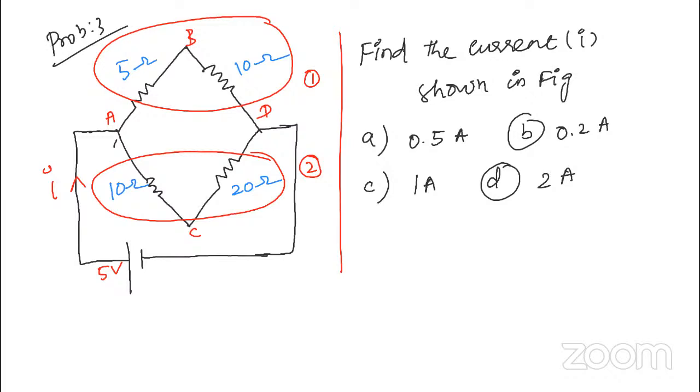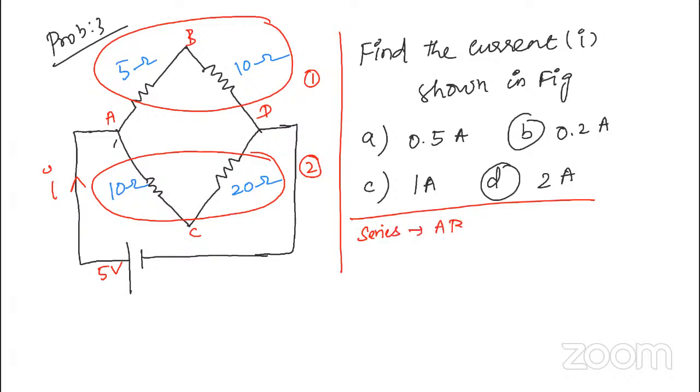Calculate and try. What is the RP value here for this diagram? Just comment the RP value. First, you have to find the value for the series, that is ABD.